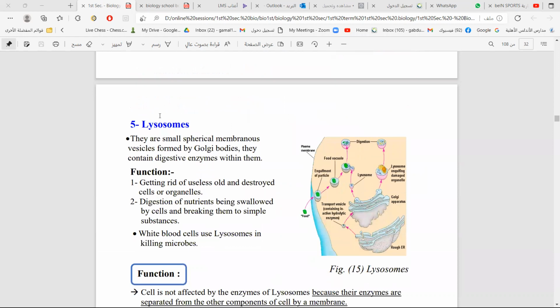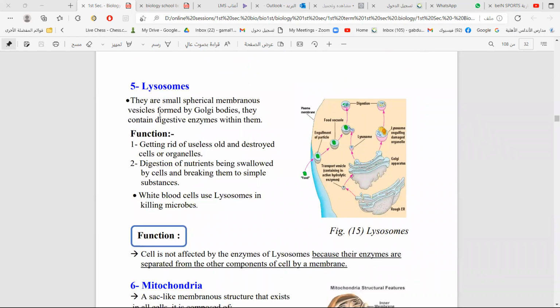Another membranous organelle is the lysosome. Lysosomes are small spherical membranous organelles or vesicles formed by the Golgi body. The Golgi body makes the lysosomes, and they contain digestive enzymes.